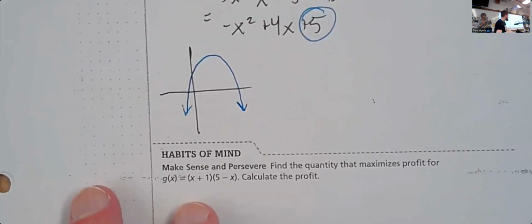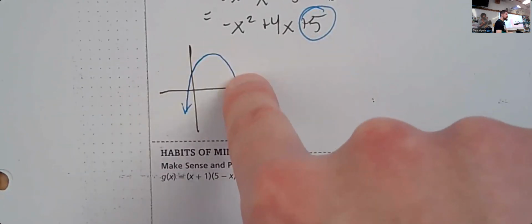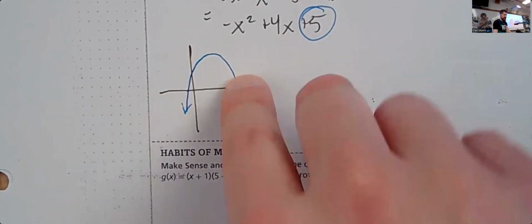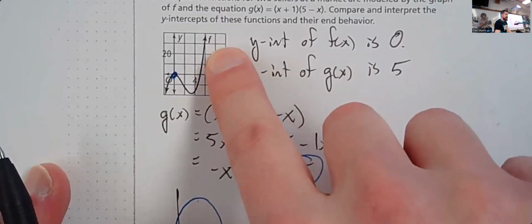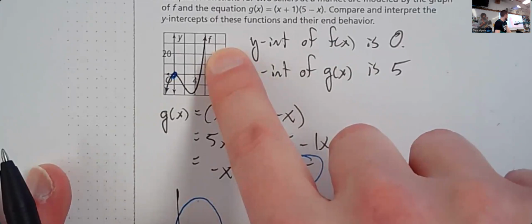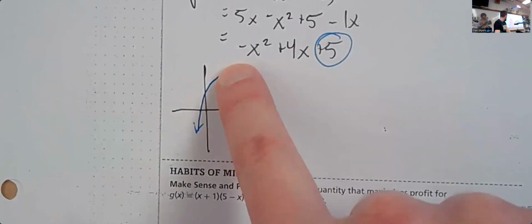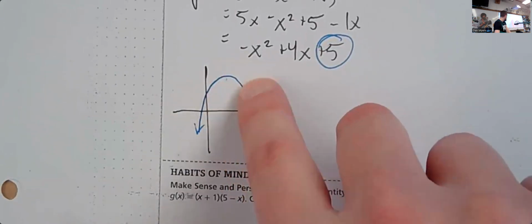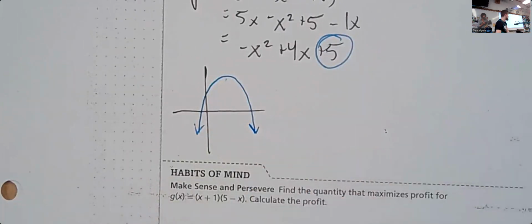So in terms of maximizing profits, this one has a limited amount of sales in order to maximize profits. That's the vertex. This one does not have a limited amount of sales to maximize profit because the more you sell, the more you make. And that just keeps going and going and going. Here, the more you sell, you earn up to a maximum amount of money, but then if you keep selling, you start to lose a lot of money, which again doesn't really make sense, but that's what the graphs suggest.